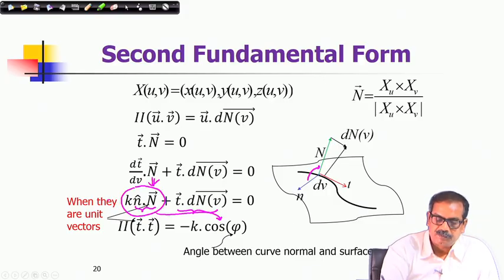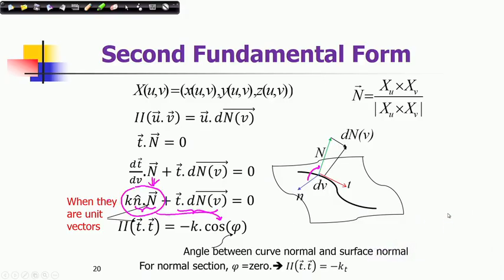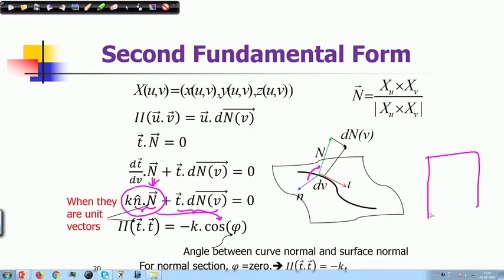And if you have a normal section, that means when your curve is lying on the normal plane itself, then this angle becomes 0. So, it is something like this, that you have a normal section. Your curve is lying like this, in this intersection here, the normal plane. So, this is a tangential plane.